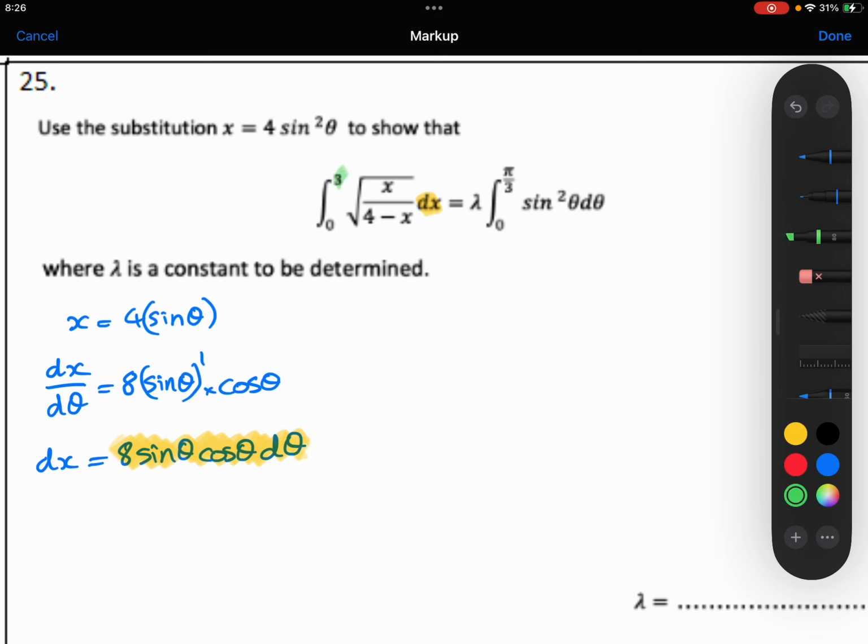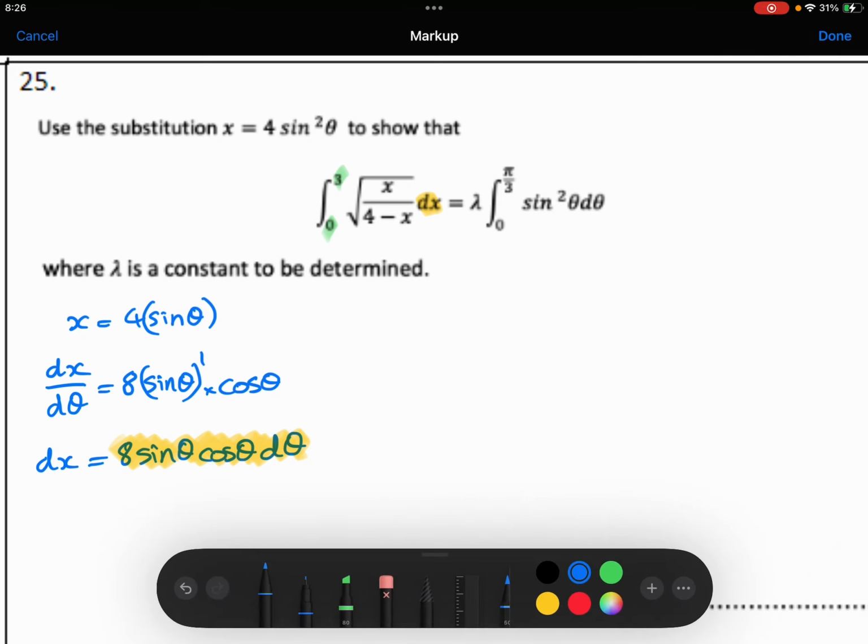Next, let's talk about these limits. What are those limits in the theta world? So when x equals 3, remember that x is 4 sine squared theta.